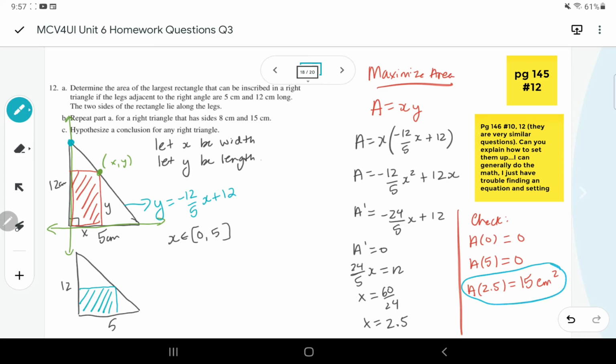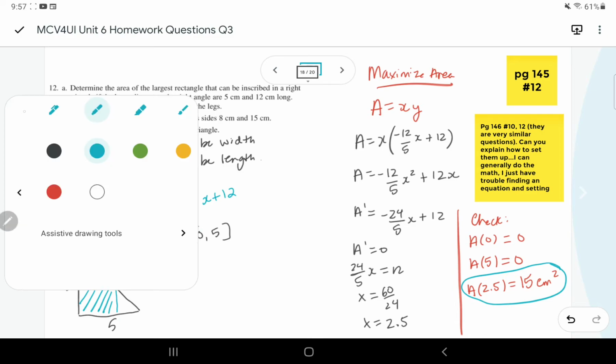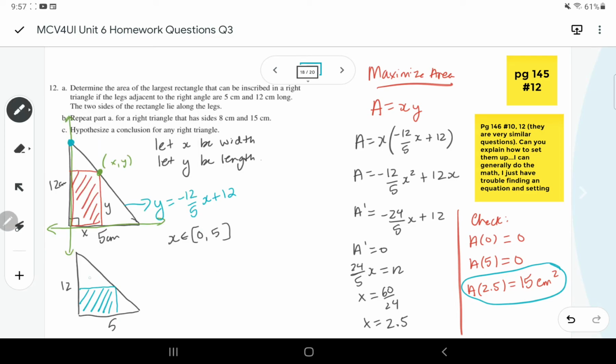I do want to show a different way of looking at this, if you hadn't visualized this on the Cartesian plane. Another way that people have gotten really good at looking at these, I'm going to draw this on this bottom one here.